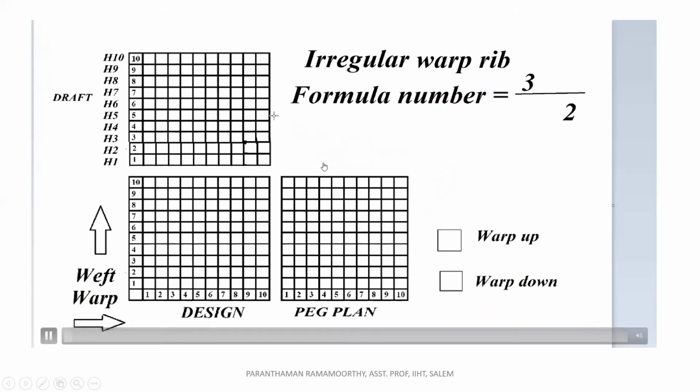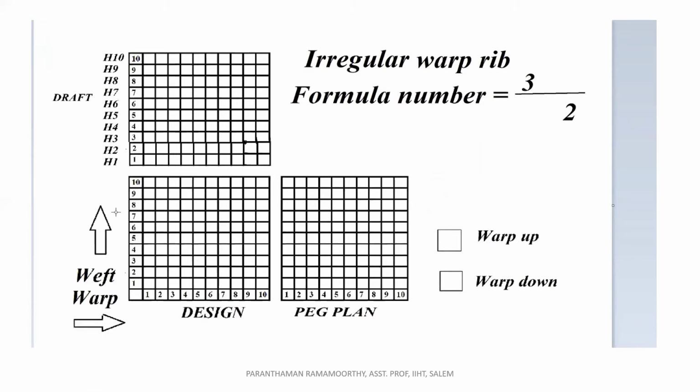So this video shows regular warp rib. Here the formula number is 3 by 2 irregular warp rib. See the design. Based on the formula number, we can form the design in the design box on the graph paper.